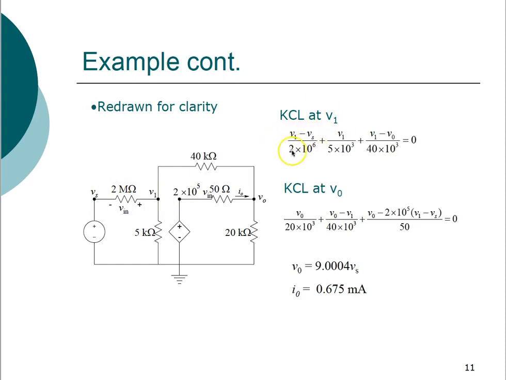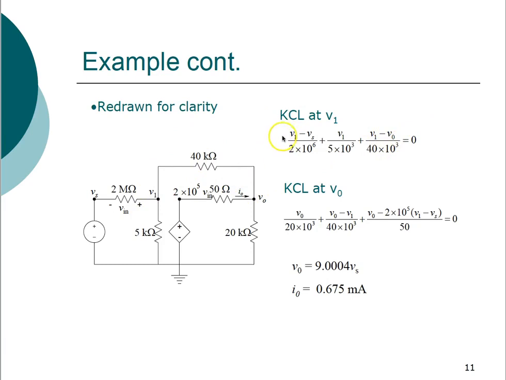V1 minus Vs upon 2 into 10 to the power 6, plus V1 by this ground, which is at 0 potential. So you can either write V1 minus 0, or you can simply write V1 upon 5 into 10 to the power 3, because it's 5 kilo ohm. And then the third branch will be your V1 and this V0. So V1 minus V0 upon 40 kilo ohm, and this will be made equal to 0.